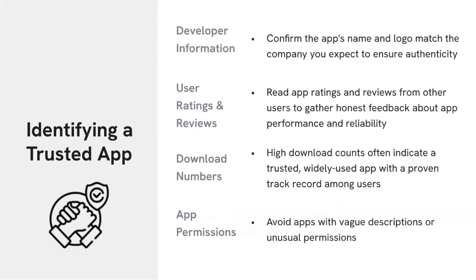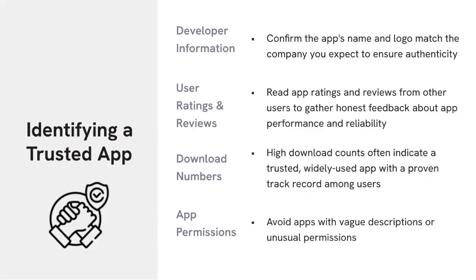And then now it's identifying a trusted app. So for the developer information, we should always confirm the app's name and logo match the company you expect to ensure authenticity. And about user ratings and reviews, read app ratings and reviews from other users to gather honest feedback about app performance and reliability.